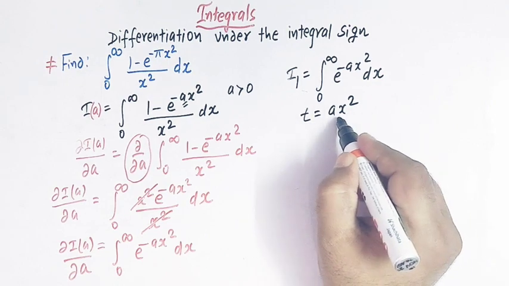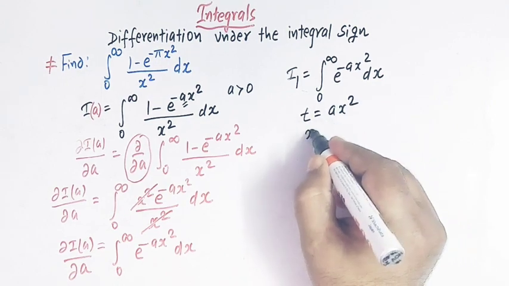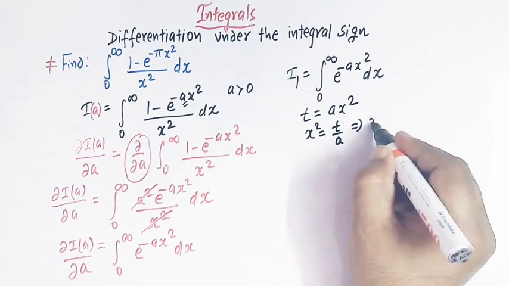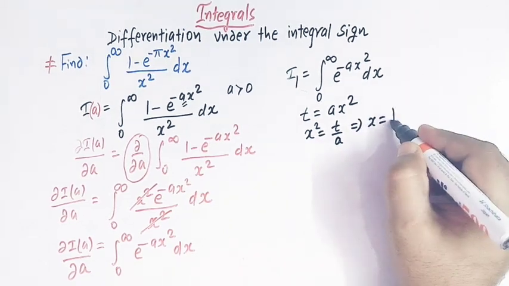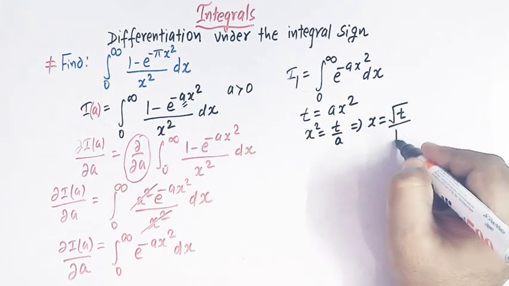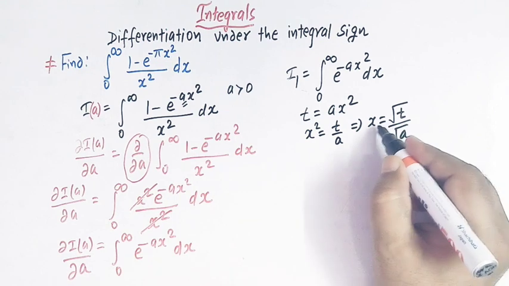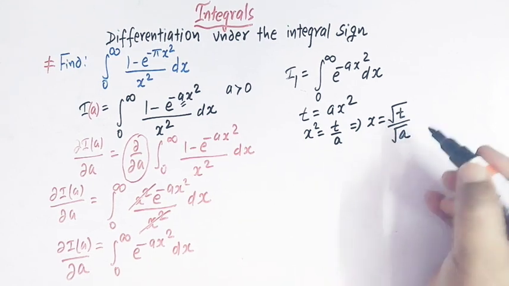So t is equal to ax square. So we can now write x square is equal to t over a, that is x is square root of t over square root of a. Now let us differentiate x with respect to t.